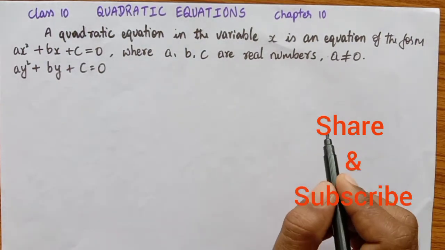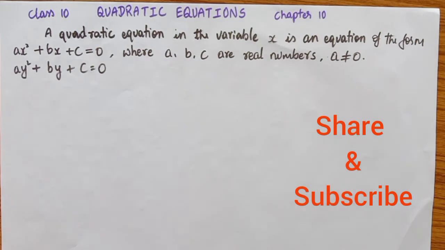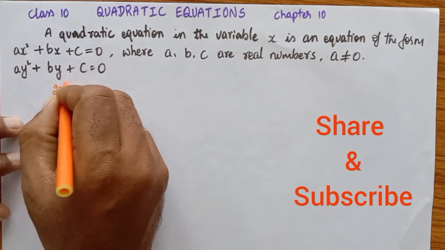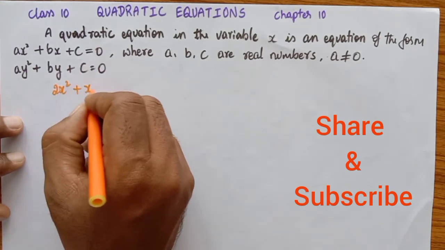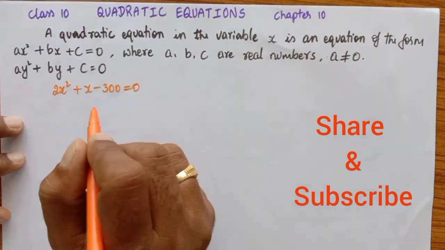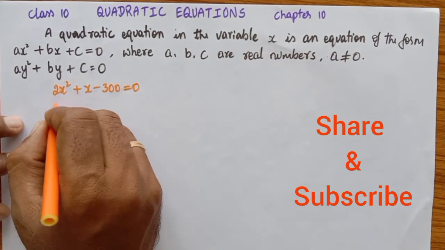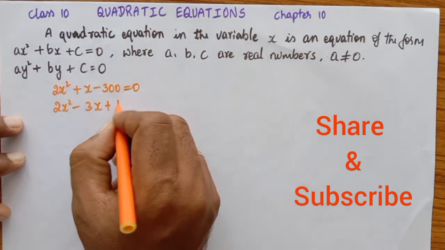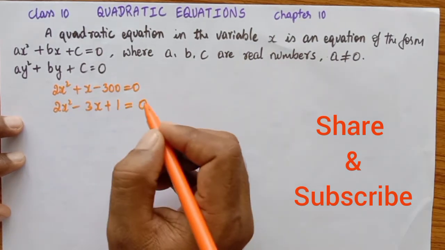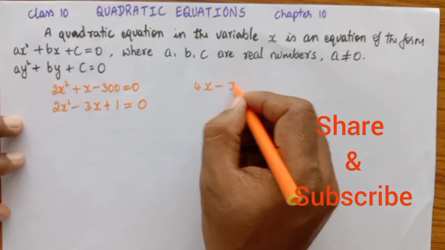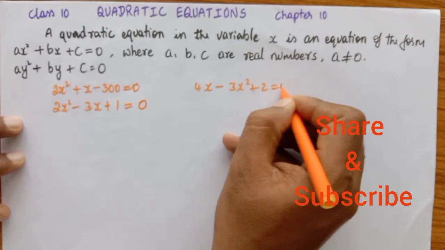So let me deal with a few examples of quadratic equations. 2x square plus x minus 300 is equal to 0. Likewise, 2x square minus 3x plus 1 is equal to 0. And 4x minus 3x square plus 2 is equal to 0.